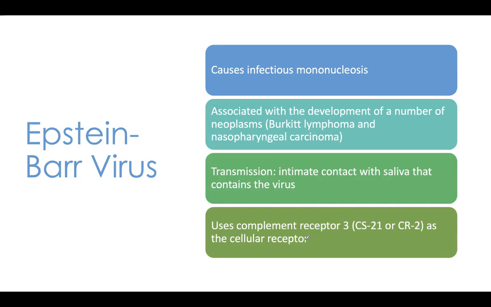Now, I want you to remember that Epstein-Barr virus utilizes cell receptors. It utilizes the complement receptor 3. Okay, in your textbook, this is CS21 or CR2. So the complement receptor 3. So please take note of this.